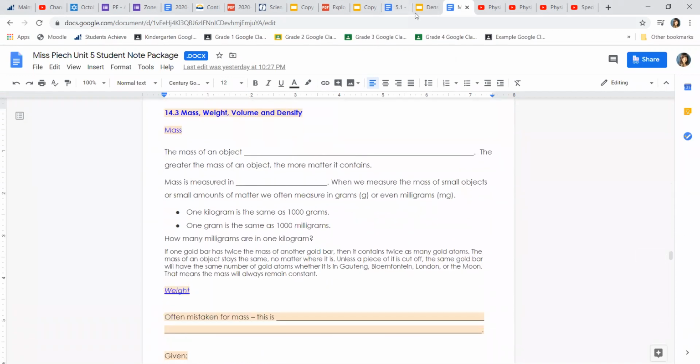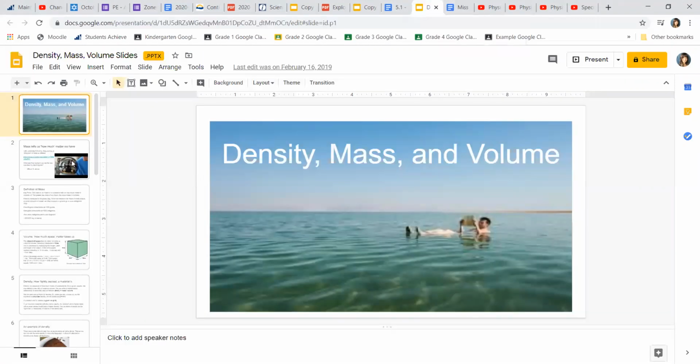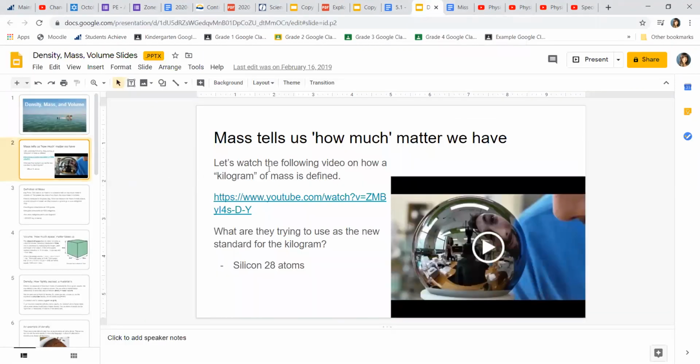So we're looking at mass, first of all. There is a cool little video that you can watch here, and this one is talking about the 1 kilogram ball that they created as a standard unit of measurement. It's an interesting video, talking about how they came up with 1 kilogram and how they try to compare that against others so that they keep it as a consistent, constant standard of measurement that doesn't fluctuate.